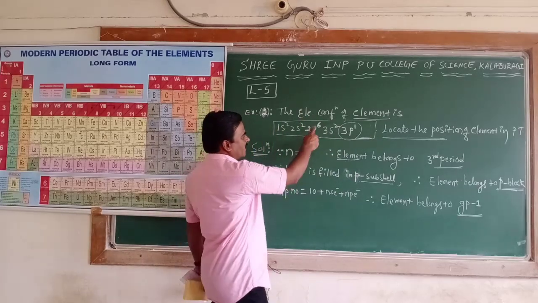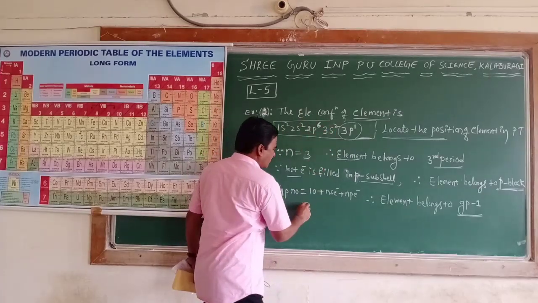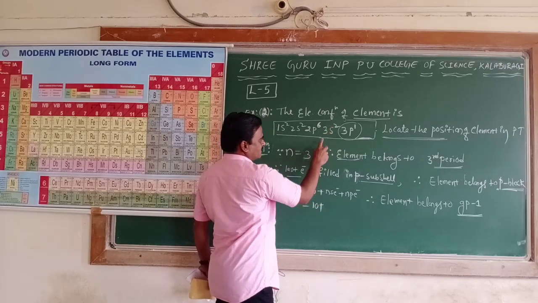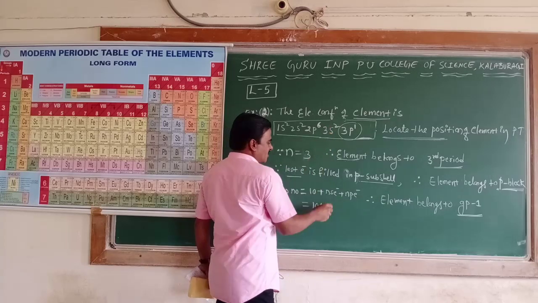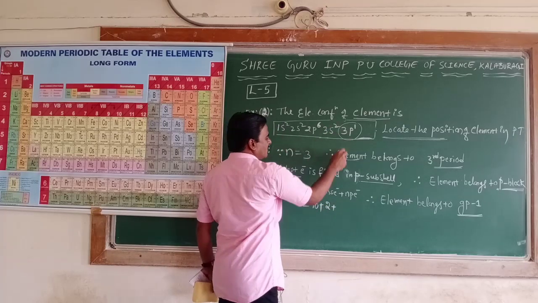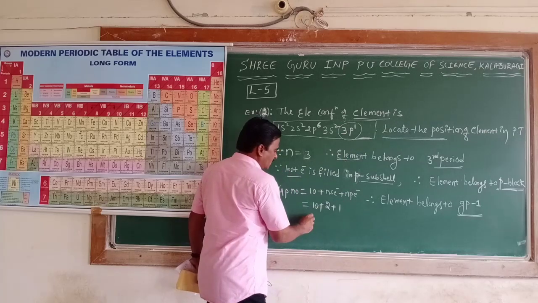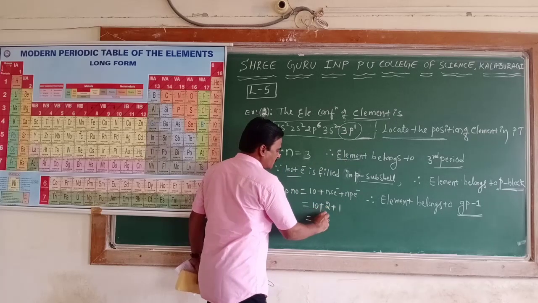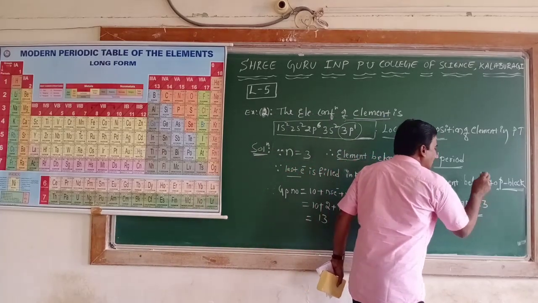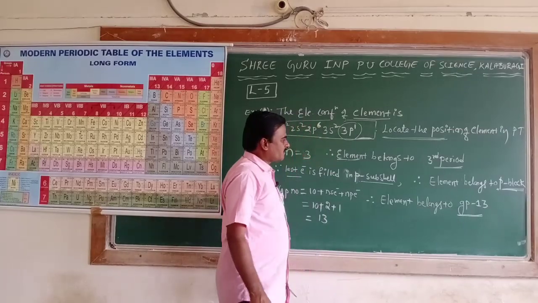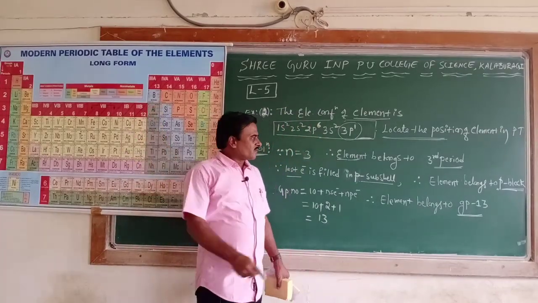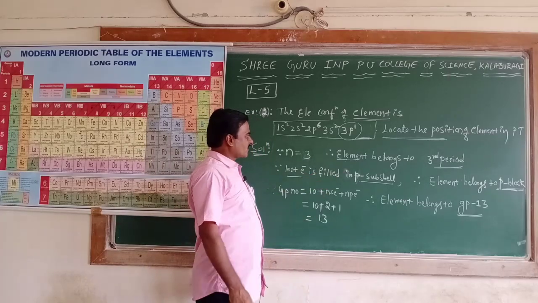So here look at the electronic configuration. The number of ns valence shell s electrons is 2 and np electron 1. So total 10 plus 2 plus 1 is 13. Therefore the element belongs to 13th group, which you can check in the periodic table.